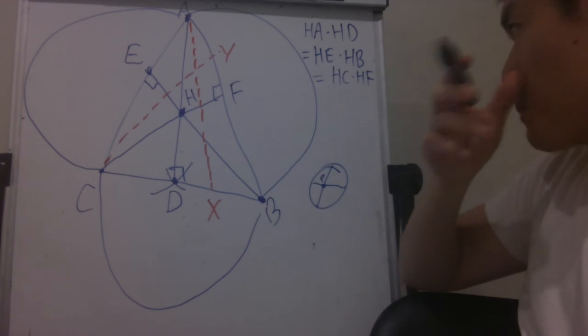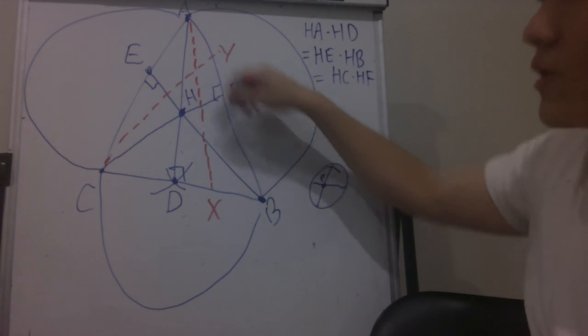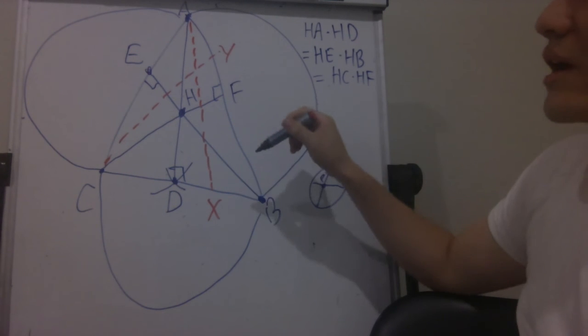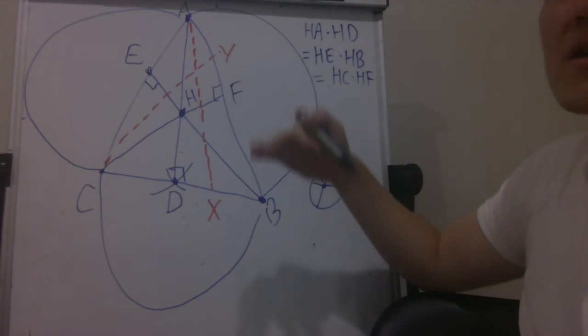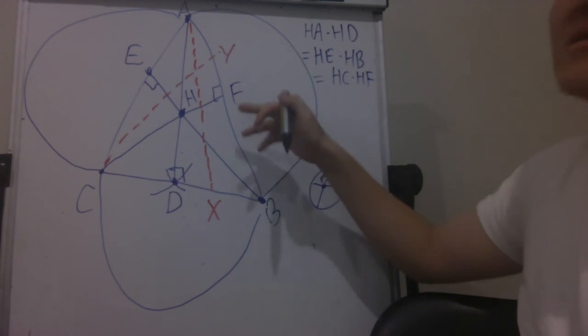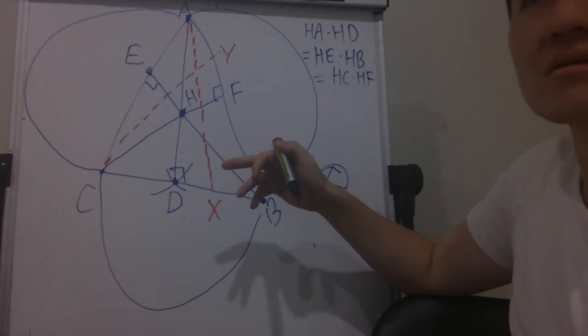Are they intersecting? Well, they might not intersect at a point, but they have the same radical axes. We haven't created any new radical axes by introducing these circles. Does that make sense?